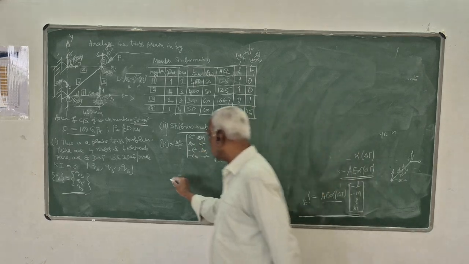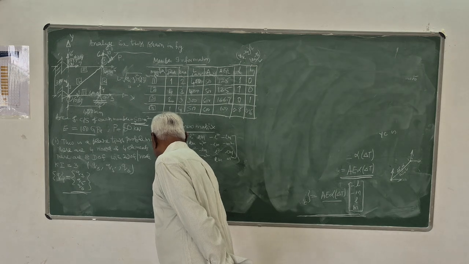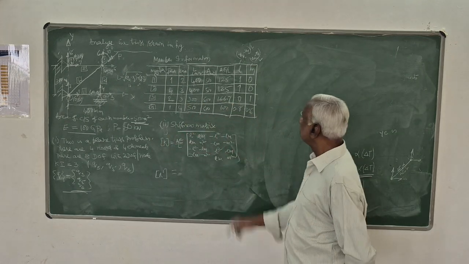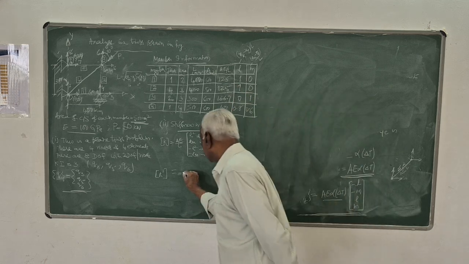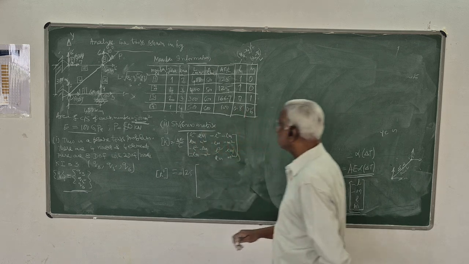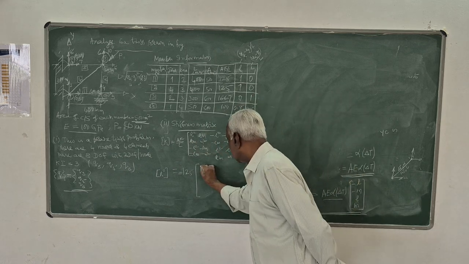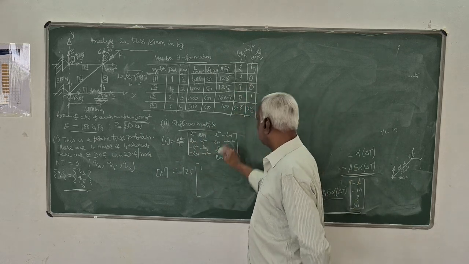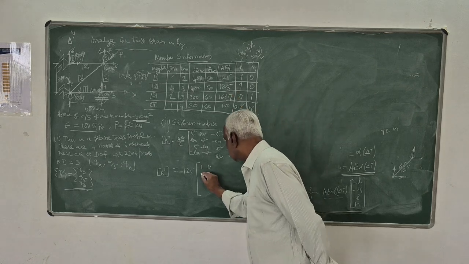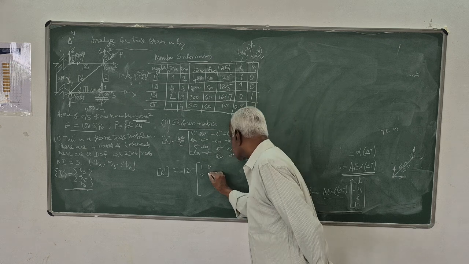For each member, you can find K1, which is equal to AE by L, it is 125 into L square, it is 1, LM 0, then LM 0, M squared 0.